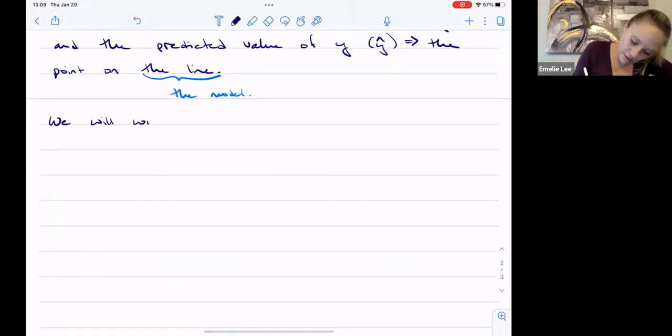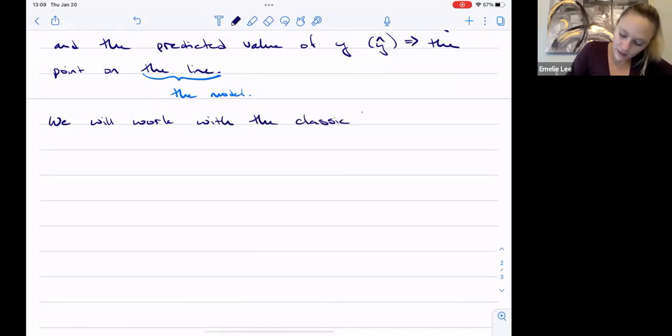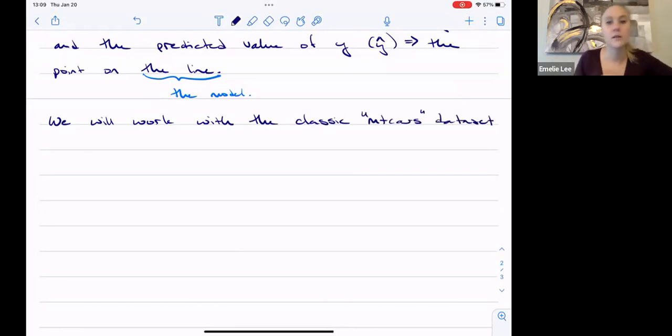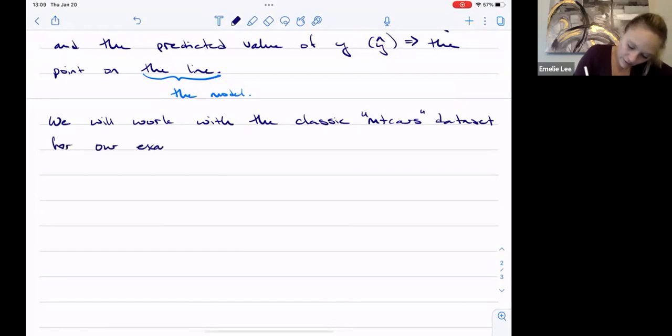We will work with the classic mtcars data set for our example.